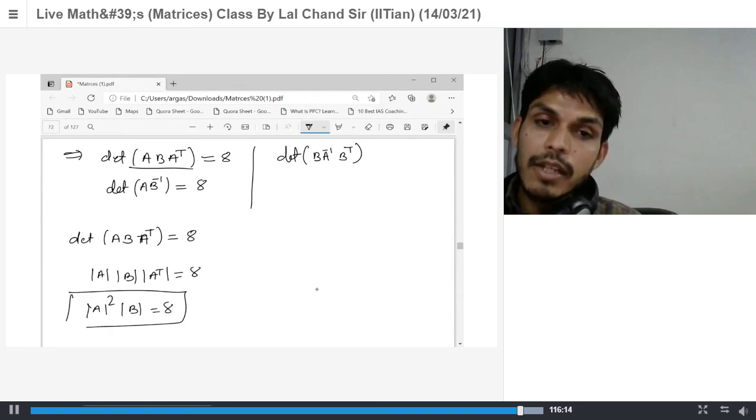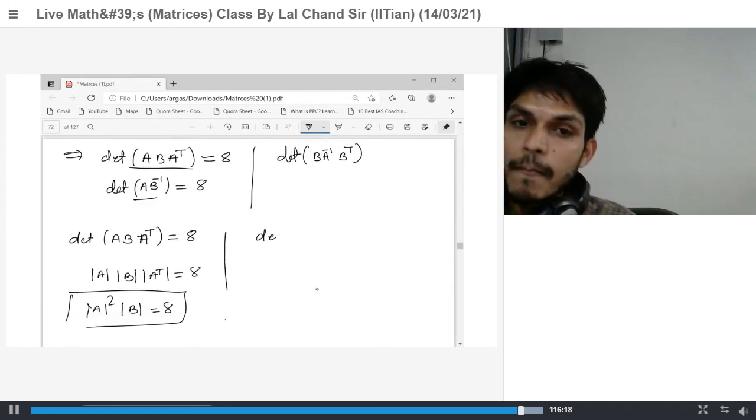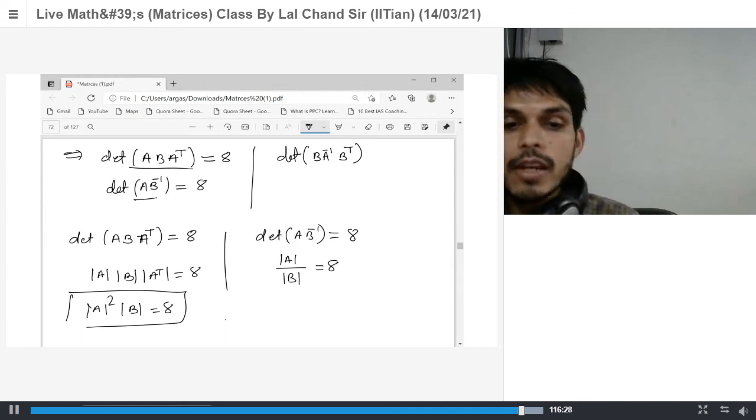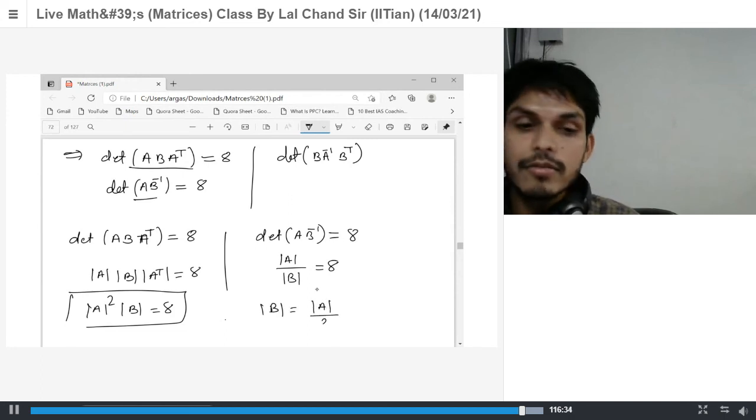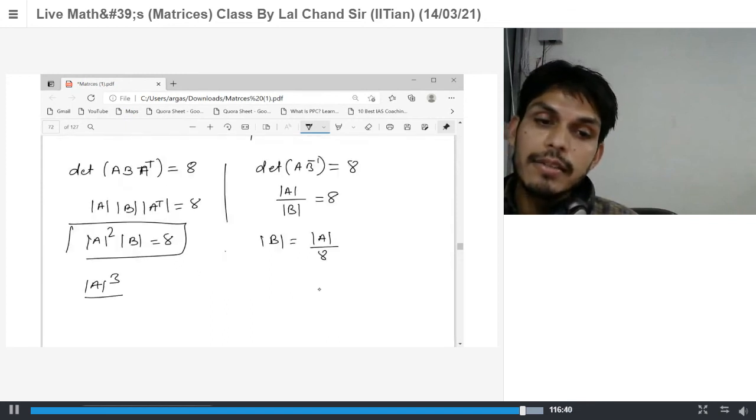So here I can write A upon B, that is 8. If I substitute the value of B here, the value of B is A by 8. So finally I have A cube by 8 is equal to 8.